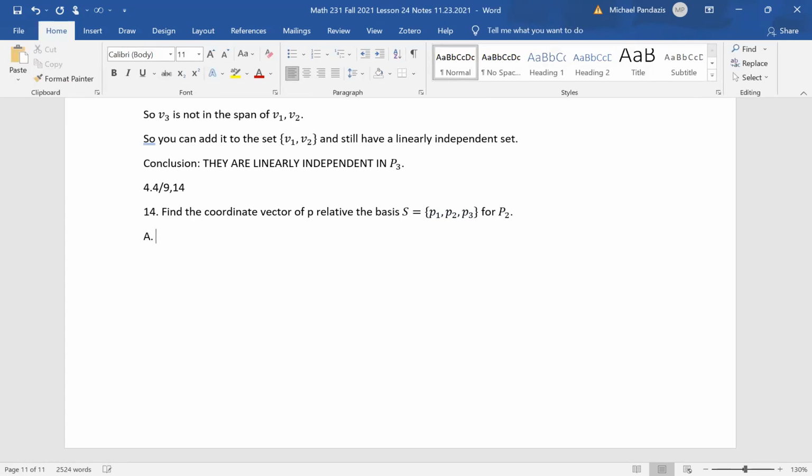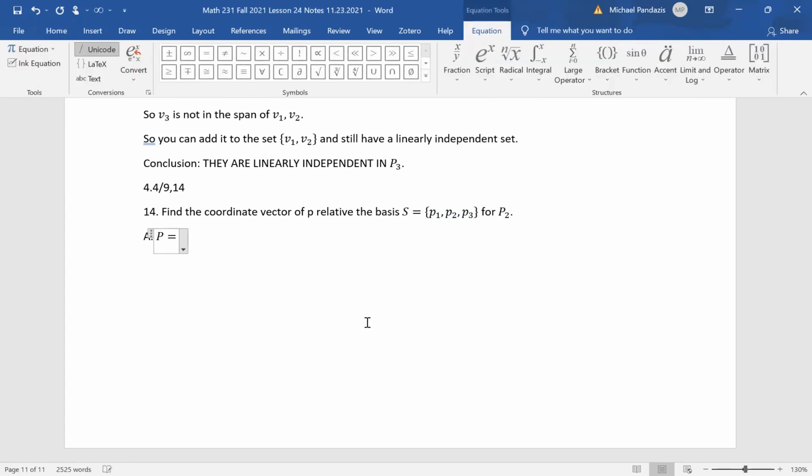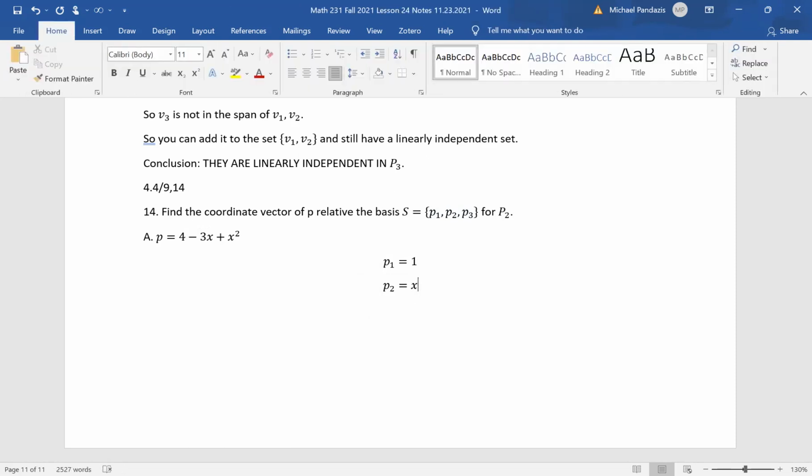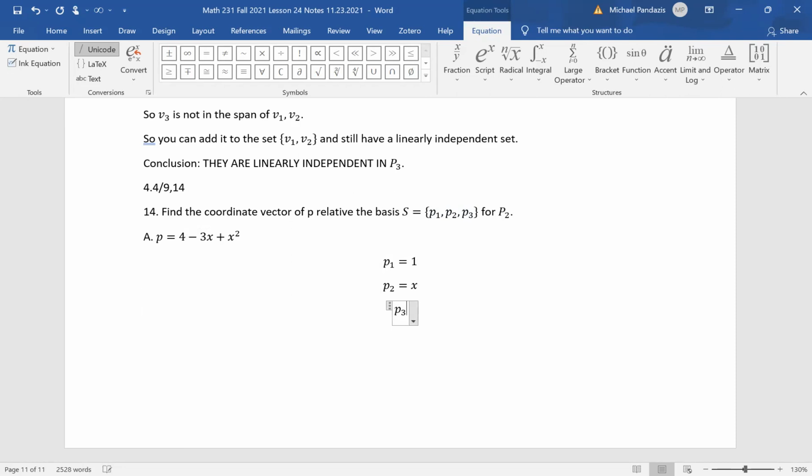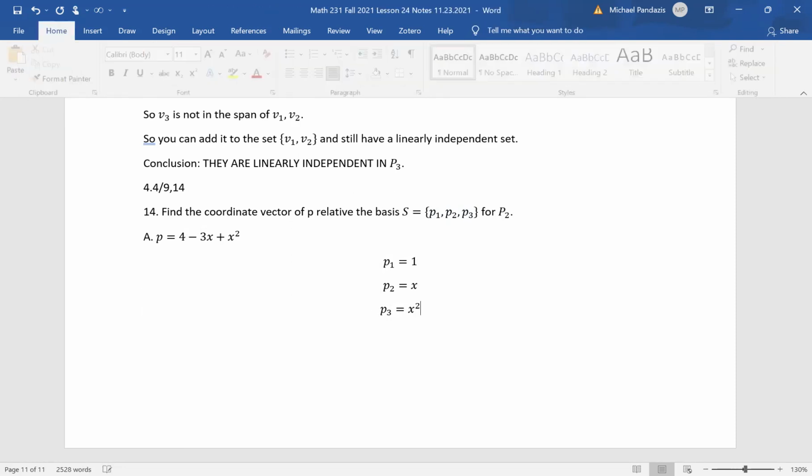Let's look at A, which has the vector p equal to 4 minus 3x plus x squared. p1 is equal to 1. p2 is equal to x. And p3 is equal to x squared.